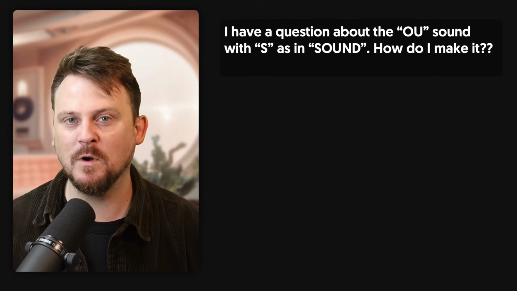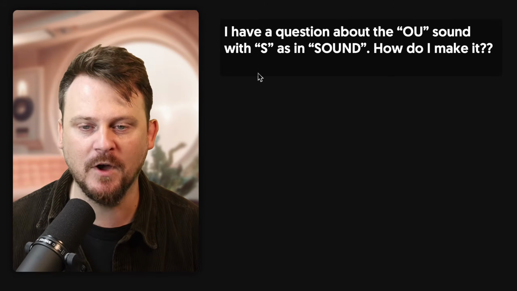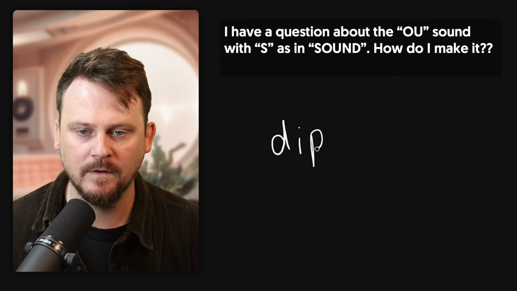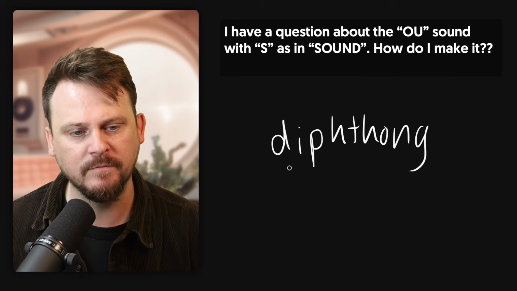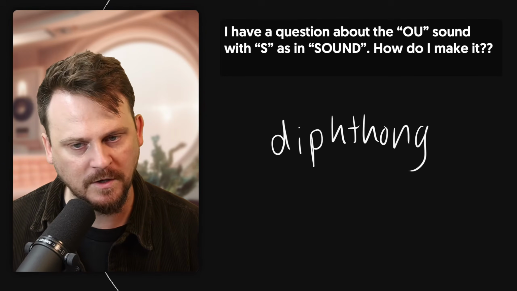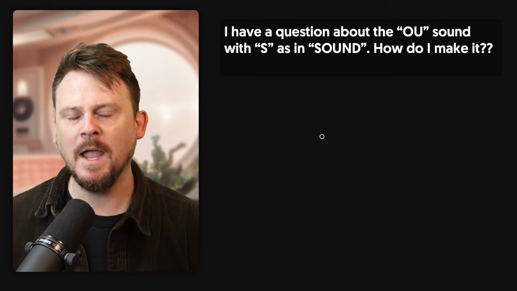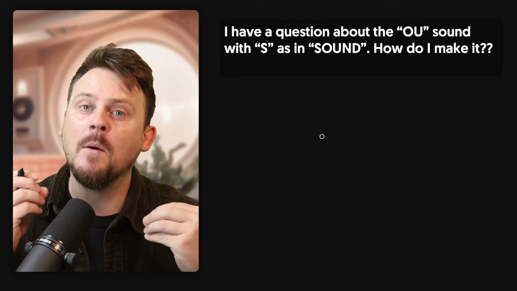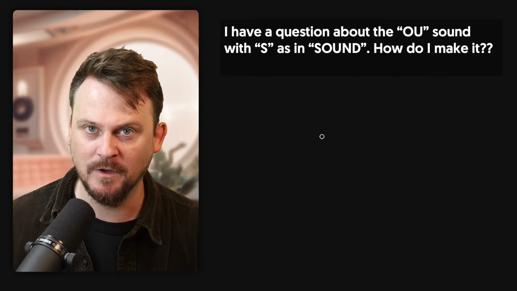But I want to explore this thing, which is called a diphthong. Weird word, strange word. You don't need to remember it if you don't want to. A diphthong is a sound that we make where the mouth changes as we make the sound.